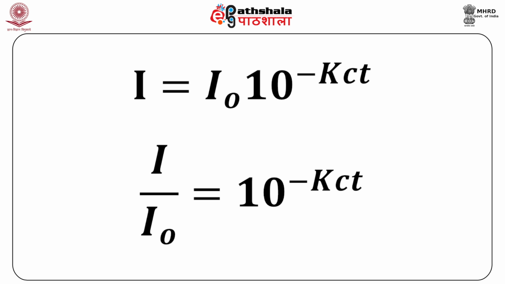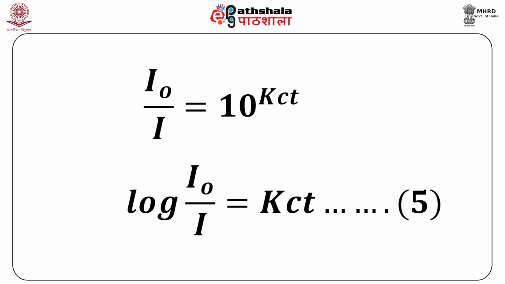The terms are rearranged, giving I by I₀ is equal to 10 raised to the power minus KCT. Taking inverse on both sides, we get I₀ by I is equal to 10 raised to the power KCT.